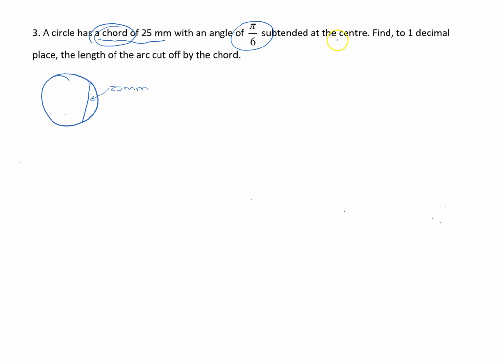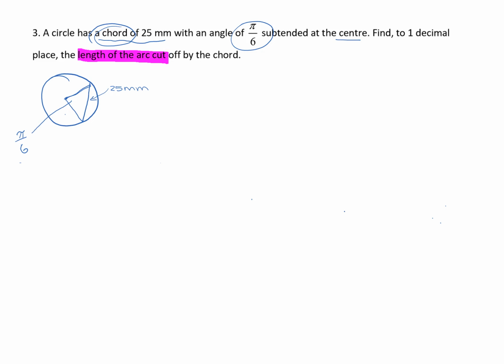So that's familiar, what's given, angles at the centre. And it's nice that it's given in radians, pi on 6. It says find to 1 decimal place the length of the arc.